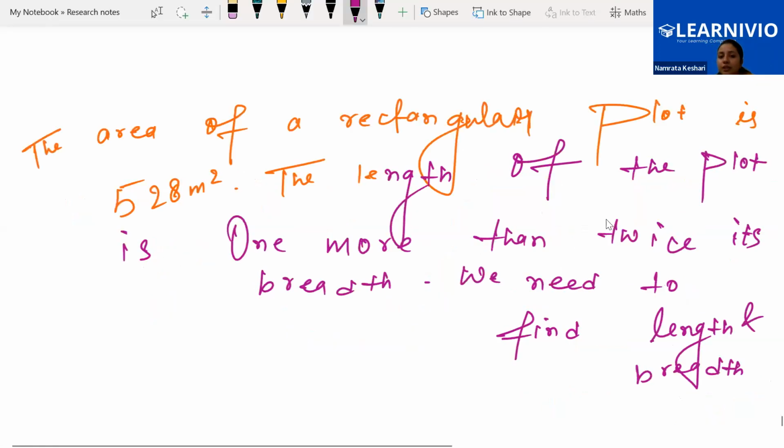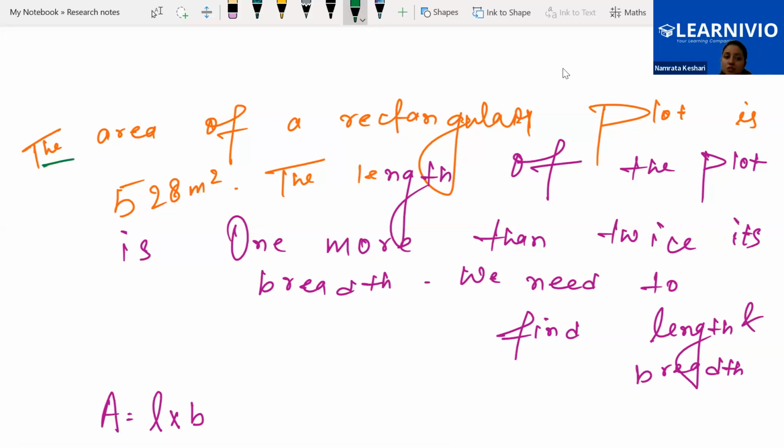What is the formula for the area of a rectangle? L into B, length into breadth. We all know it's that basic. And as I said, whenever we have to solve any story problem or word problem, we will read the question step by step.